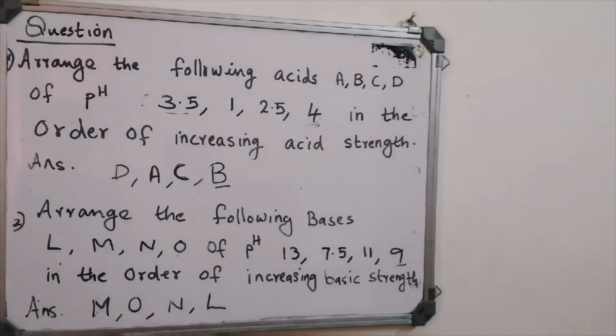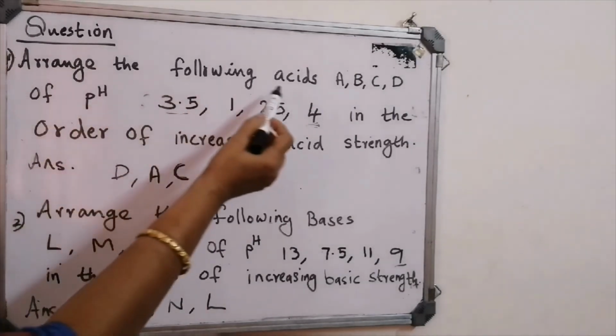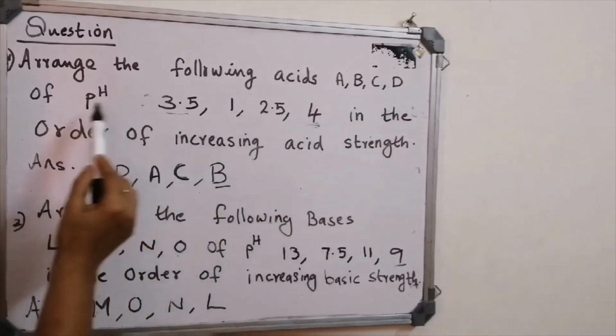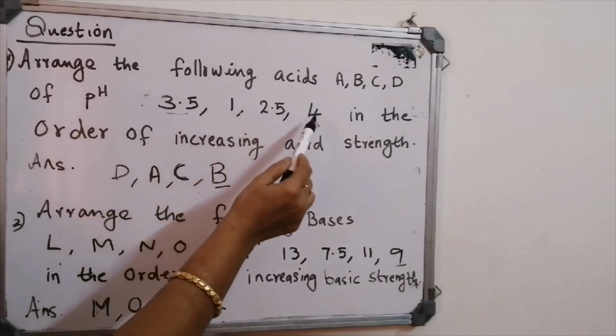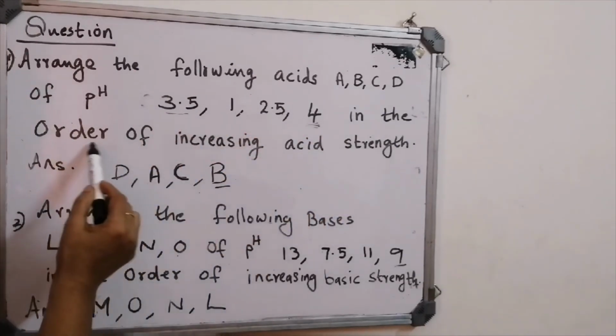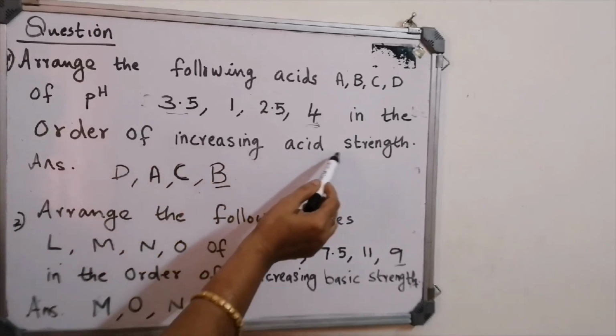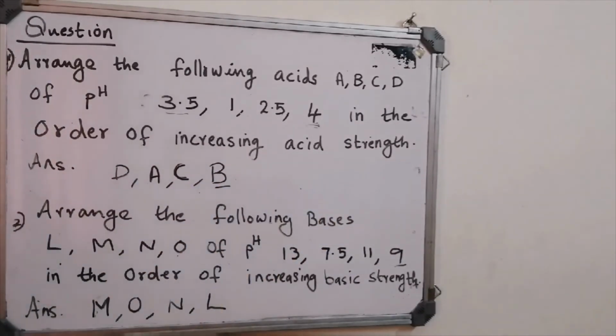Now let us discuss some questions based on pH value. Arrange the following acids A, B, C, D of pH 3.5, 1, 2.5 and 4 in the order of increasing acid strength. We know that in the case of acids, the higher the pH, the lower the acidic strength.